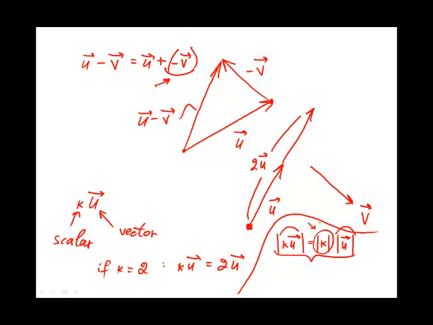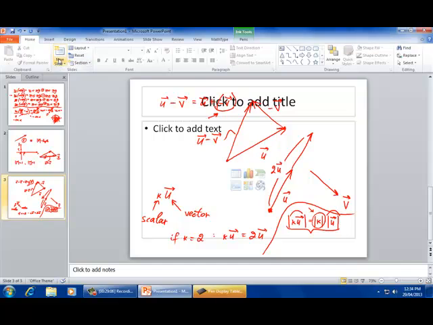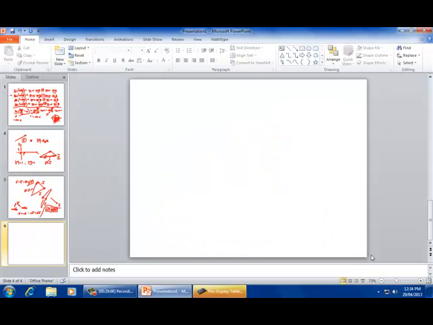Now let's see how we represent any vector in terms of i and j. Those vectors are called base vectors. Let's sit on a plane. Let's have our usual axes y and x. And let's even have 0 here.